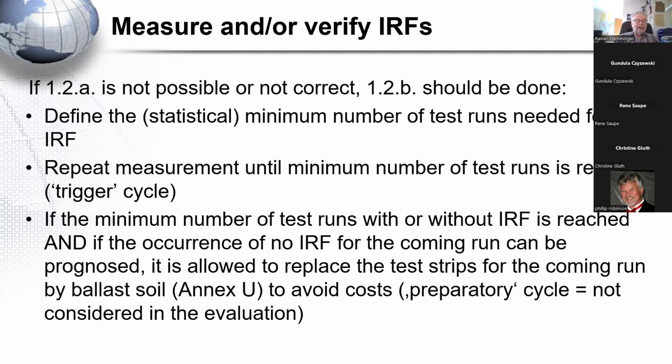So here you could exchange the test strips by ballast soil, and then the 10th cycle you would measure again with test strips. From the 11th to the 19th cycle, you would again run this preparatory cycle. The 20th would then be a trigger cycle where this regeneration happens. And from the 21st to 29th, it would be again preparatory cycle. So this is how this would work.